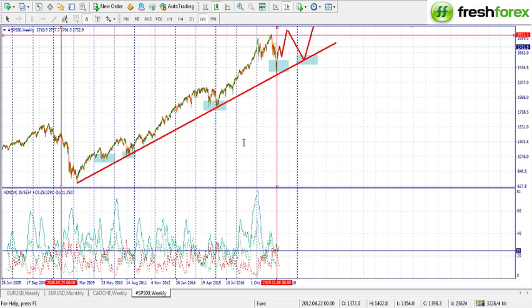In this case, this is the lowest low, a lower low. Then we have a higher low, and then we have another higher low. Then we have this one.